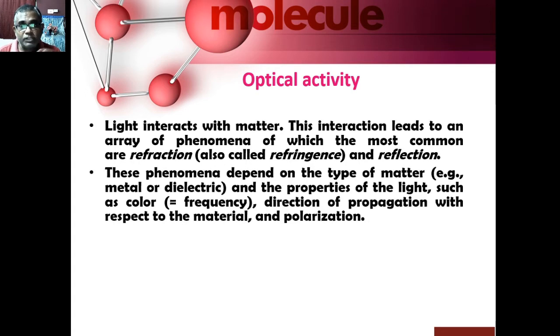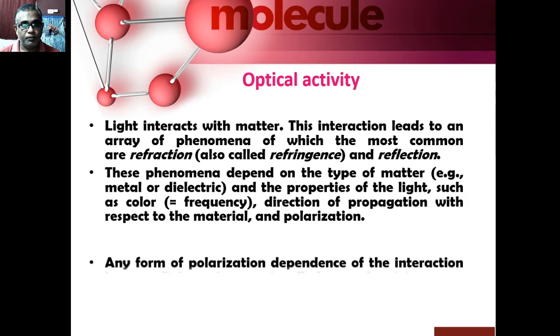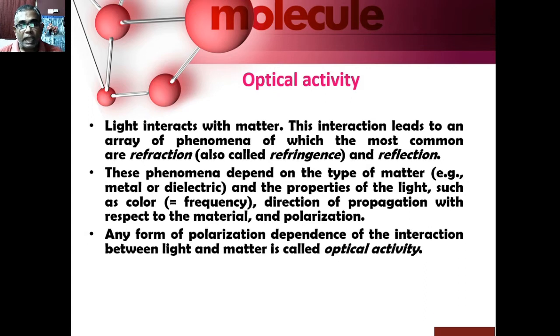Now, these properties depend on the type of matter, that is, the dielectric nature of the matter, and the properties of light such as color, which is equivalent to frequency, and direction of propagation with respect to the material, and the polarization aspects. Any form of polarization depends on interaction between light and matter.